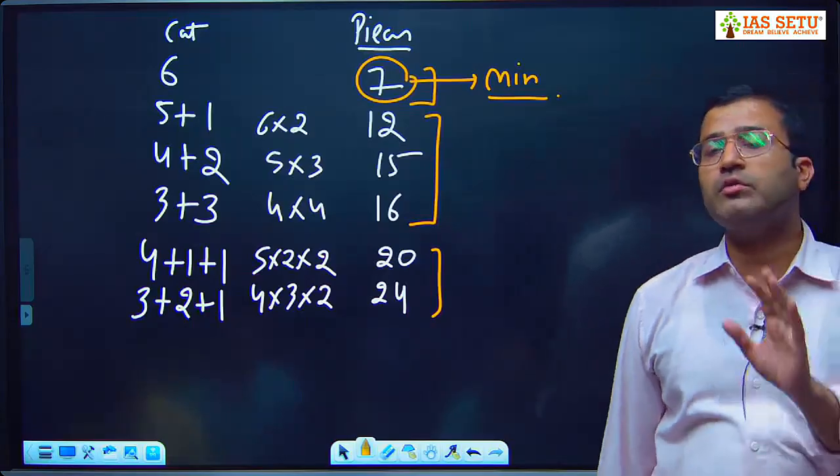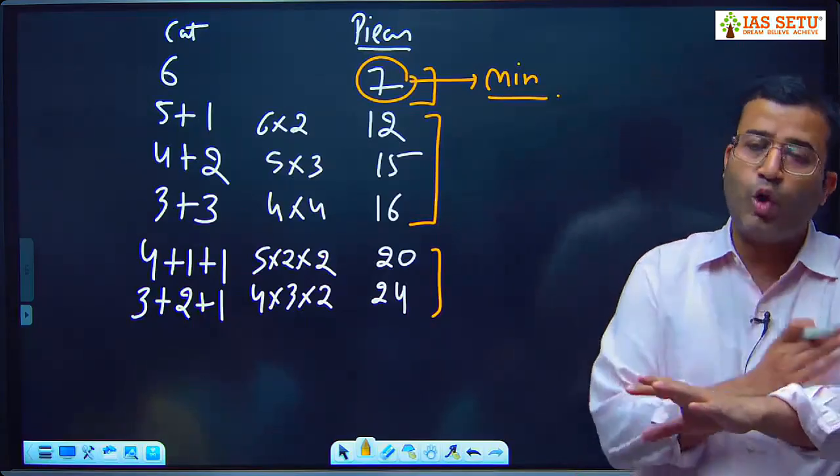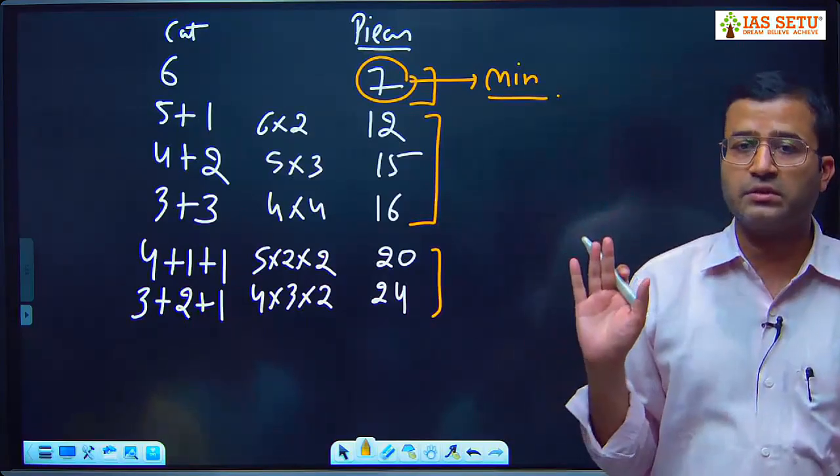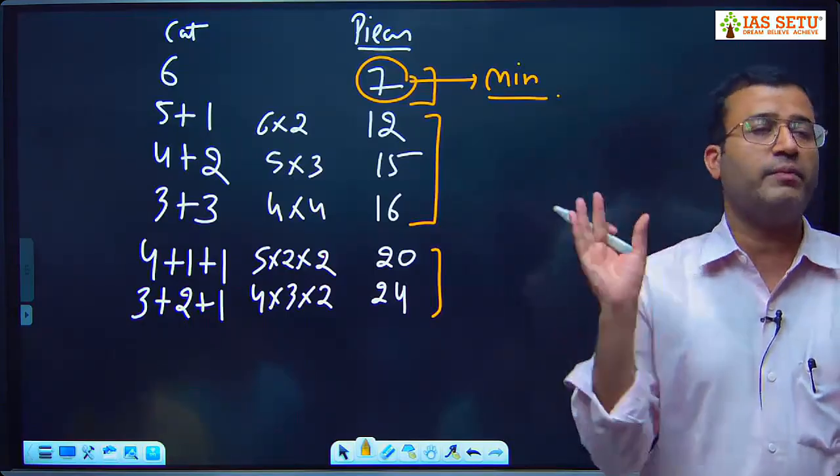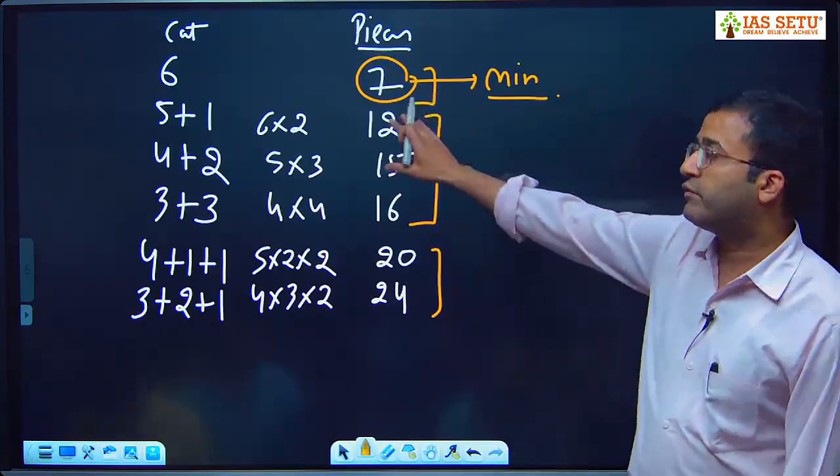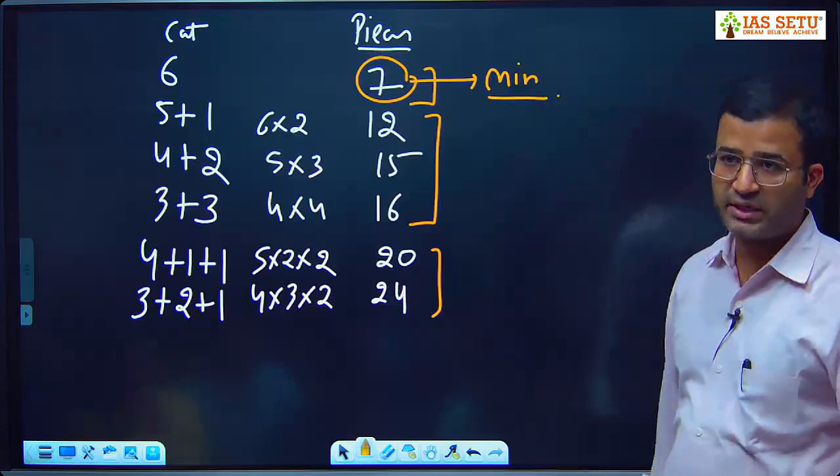Because what you can do, you can put all the 6 cuts on 1 axis. So minimum you get 7. So here with 6 cuts, minimum pieces are 7.